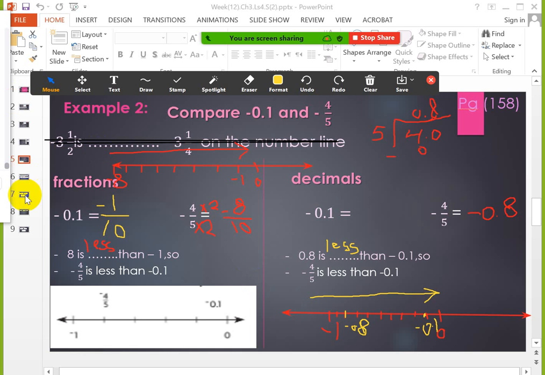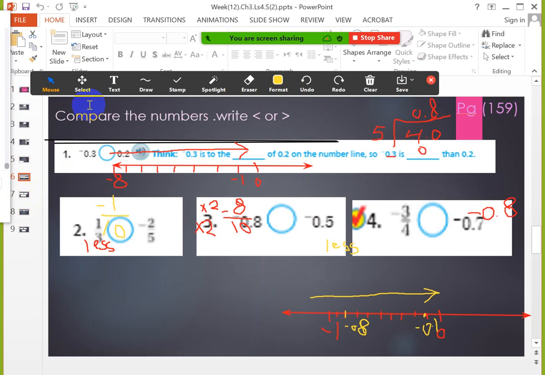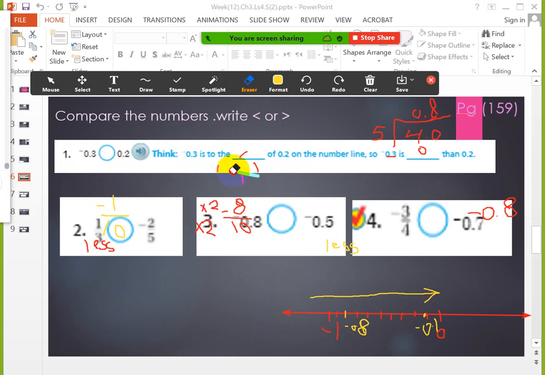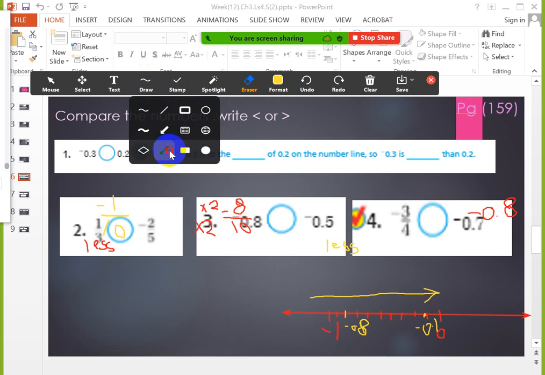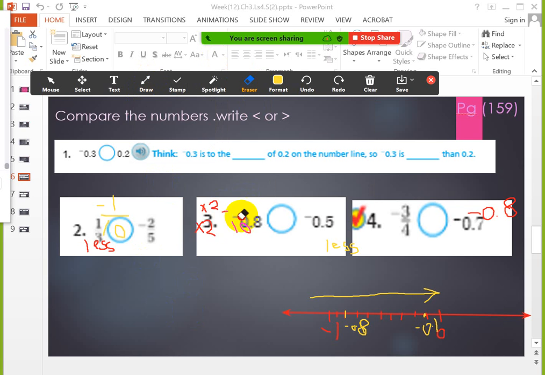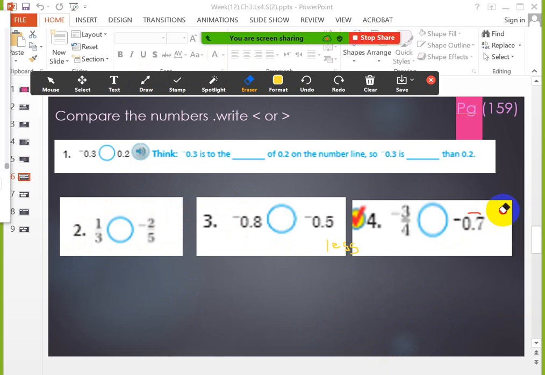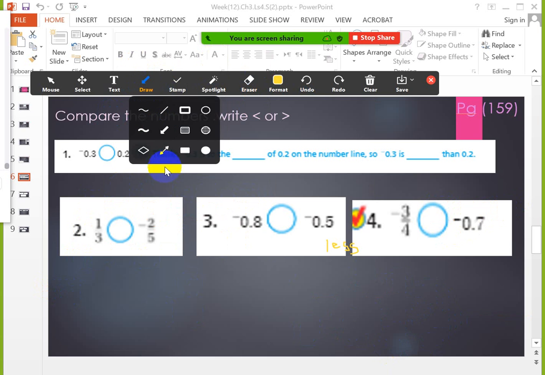Okay girls, now I will move to the second page. Now I want to compare between negative 0.3 and 0.2. Which one is the greater? On the number line, let's see now. Let's take a look, girls, and let's see the number line.